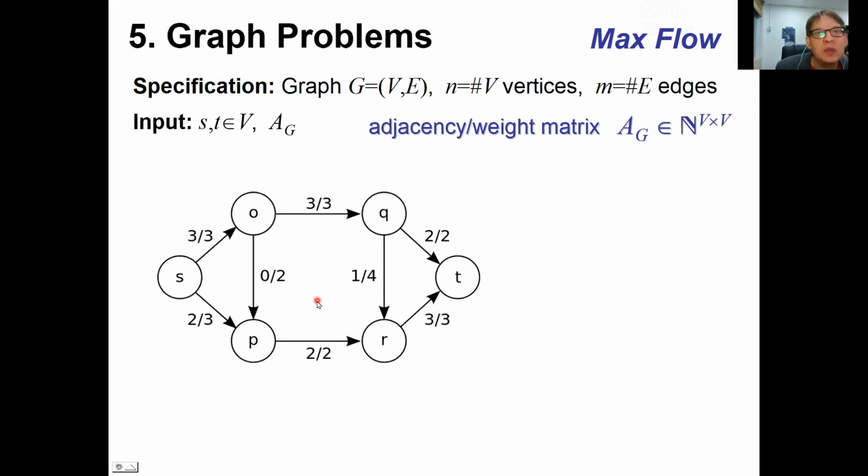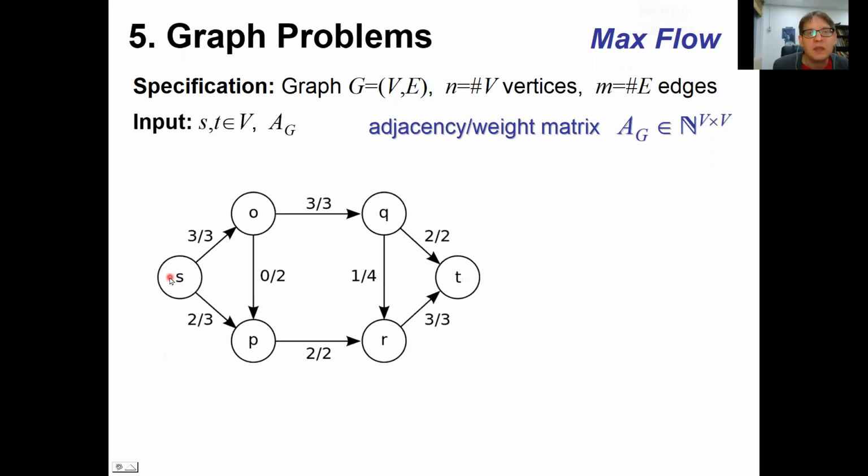And the goal is to devise a flow, that is, to find first numbers that satisfy all the constraints, so that the first numbers never exceed the second numbers, never make the pipes burst, and such that the largest possible amount of commodity can flow from the source to the target vertex.